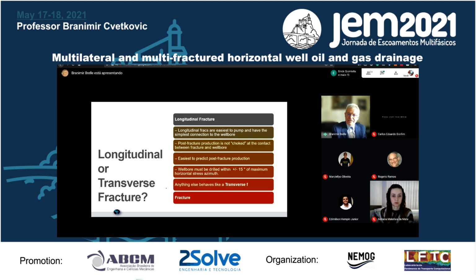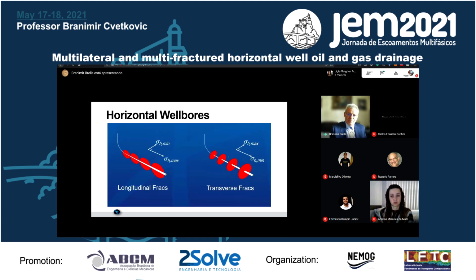Longitudinal fracs are easier to pump and have the simplest connection to the wellbore, of course, because you don't have a huge pressure drop at the point of connectivity. Then post-fracture production is not choked at the contact. Usually we say that in the previous case, you have a choke: everything is flowing toward the pipe at this point, and you are choked.